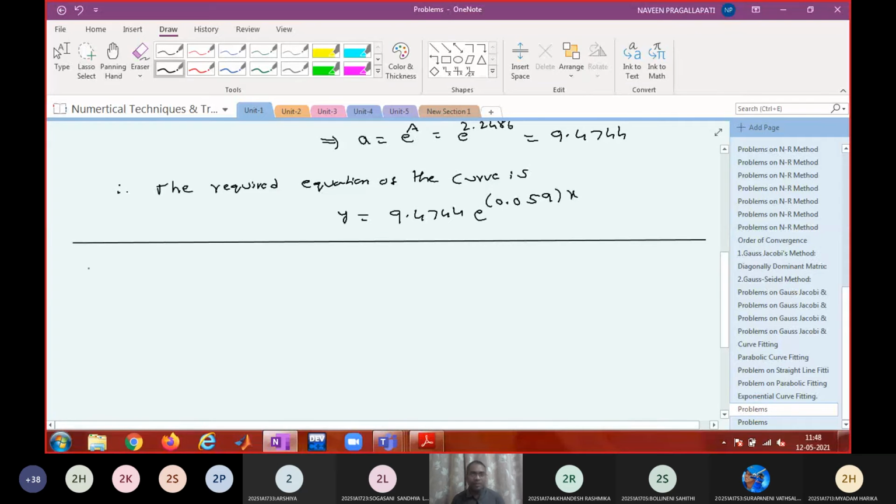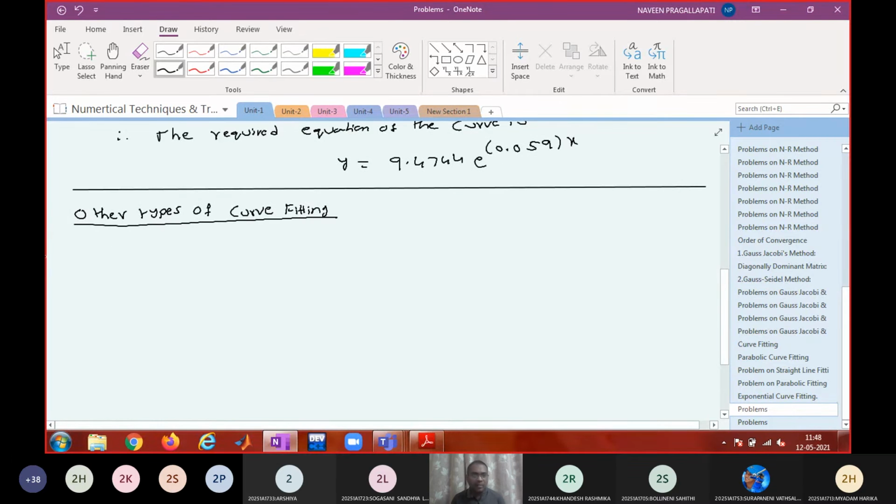Exponential curve sometimes may be written in this form also. So far we did three.